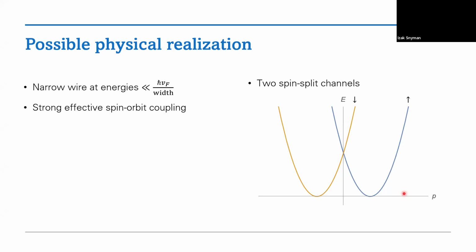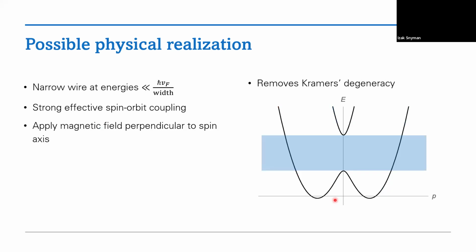The dispersion would be something like this. The two spin channels have dispersion relations that are just displaced from each other. Then the next thing you do is you apply a magnetic field perpendicular to the direction chosen by the spin orbit coupling.